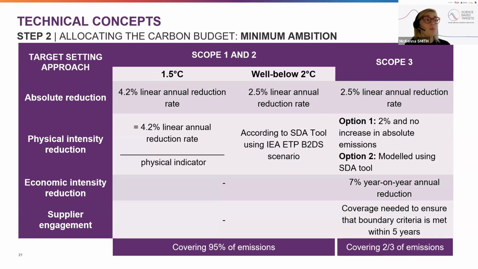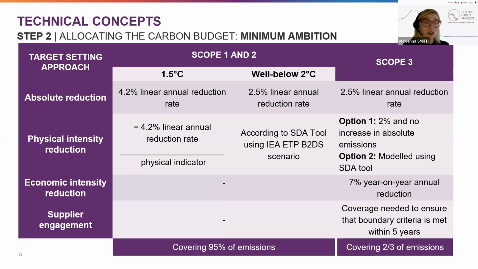So right now, if you wanted to set a 1.5C target for scope 1 and 2, it means you have a 4.2% linear annual reduction rate for absolute based targets, or you have to have a 4.2% linear annual reduction rate using physical intensity to demonstrate your targets, but the actual reductions still need to be based on linear reductions. Or you have to use the SDA tool.